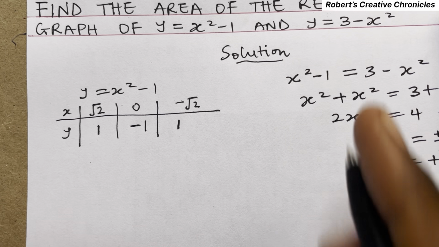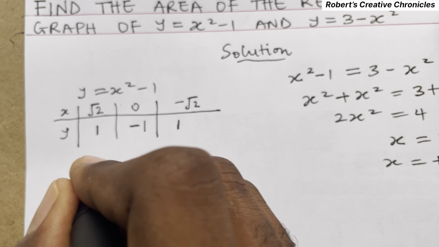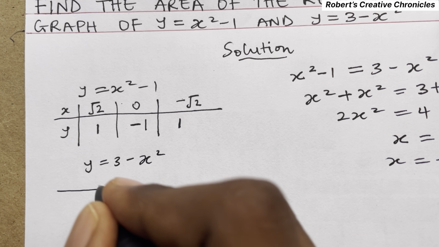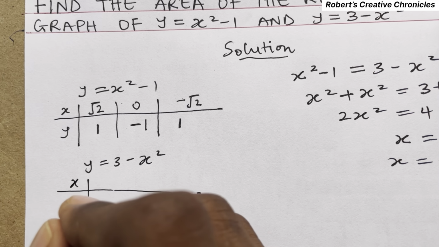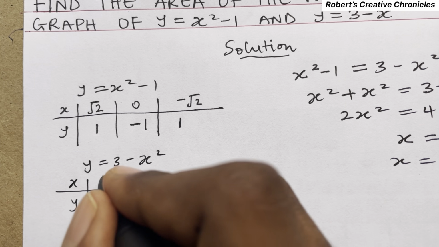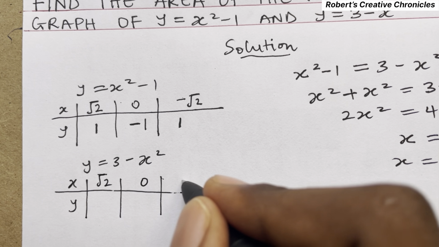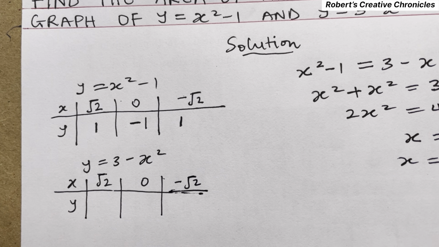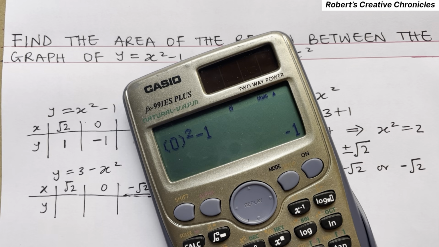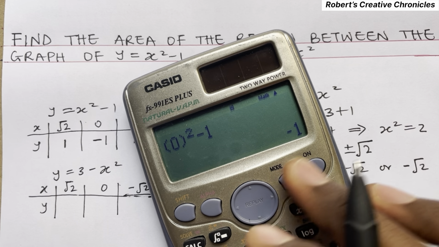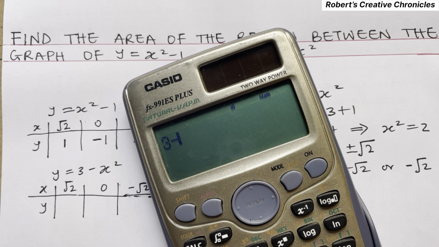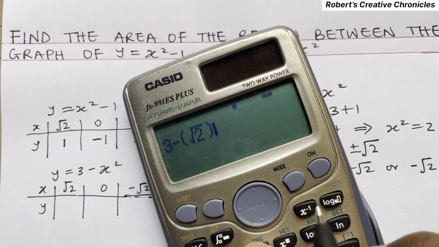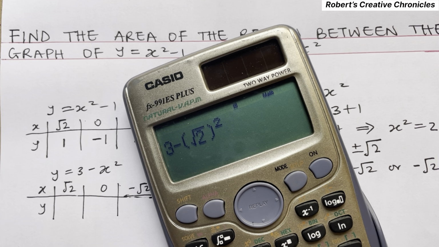Then for this curve, y is equal to 3 minus x squared. This is 3 minus x squared, root 2 squared, x is now root 2 squared here.